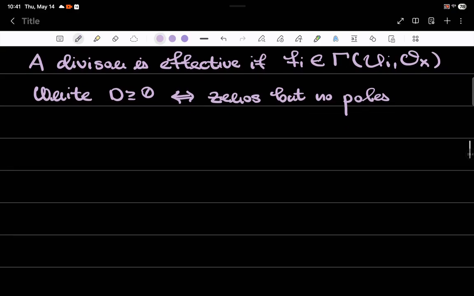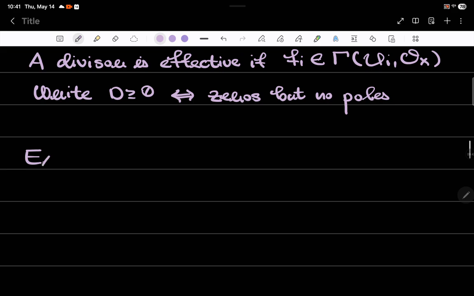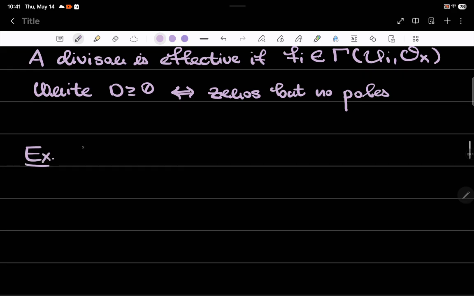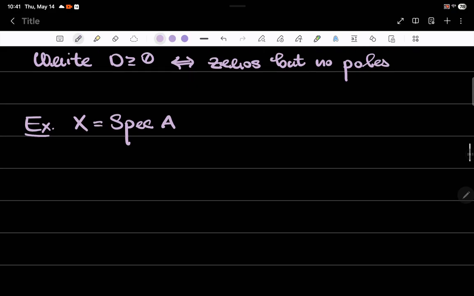So let's give some examples. First example, let X be Spec A. So I'm taking an affine scheme.